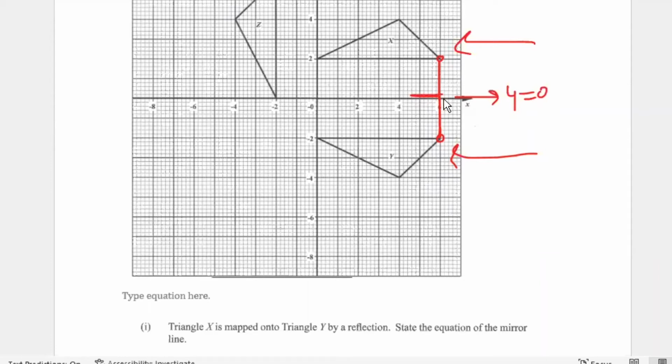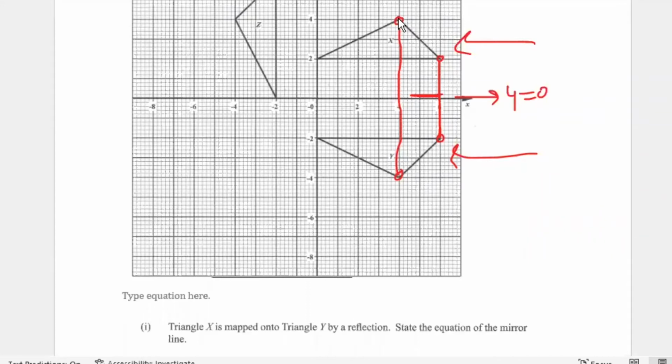Remember, because this is our x-axis, y is equal to 0 at every point on our x-axis. If you use these other points on the triangle, the distance between them is 1 unit, 2, 3, 4, 5, 6, 7, 8 units. So those 2 points are 8 units apart.